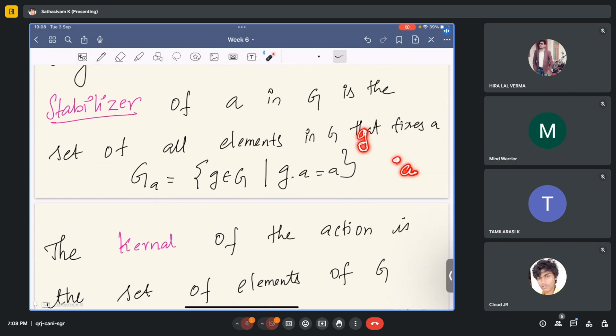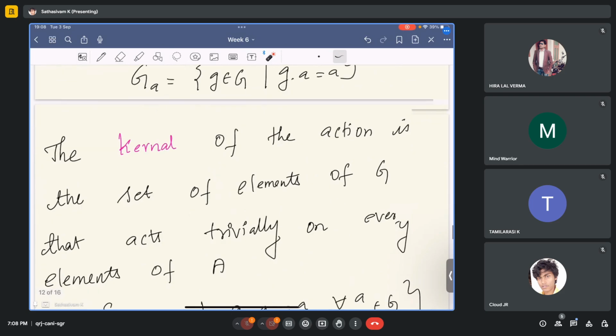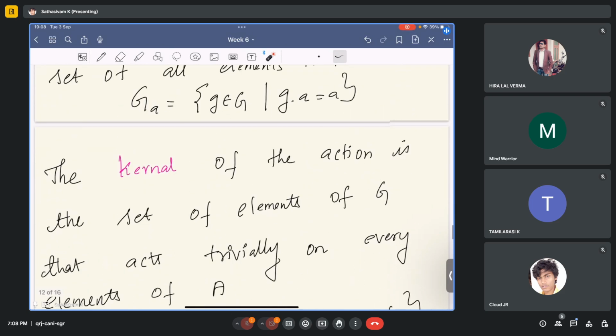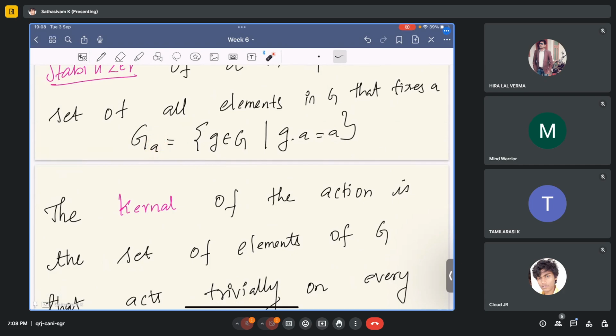Sometimes this G will not do anything to A. Collect all the G which do nothing to A, and those are called the stabilizer of A in G. It is called stabilizer because it stabilizes your A. Under this action, these elements do not do anything to A. Okay, so that is what it says. So this is the stabilizer of one element.